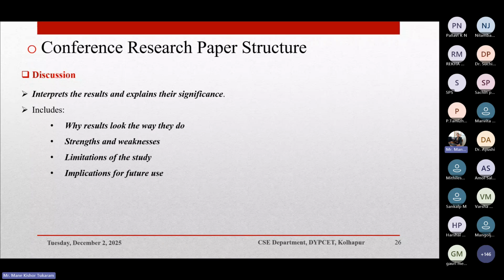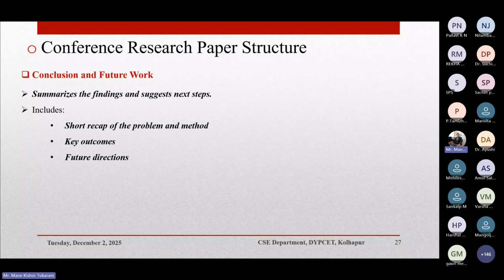All those things we need to do under the discussion section. It includes why the results look the way they do, the strengths and weaknesses of the results presented by the author, the limitations of the research, and we can add further uses so that this system can be extended for another purpose.